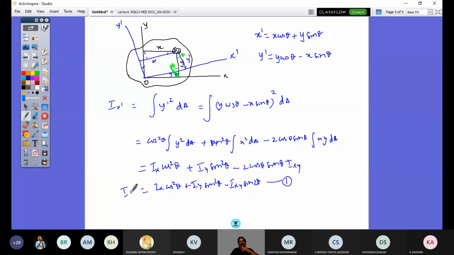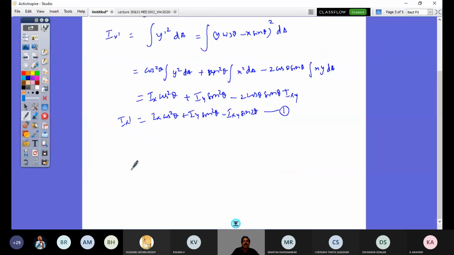Similarly, I can now get what is my Iy dash. You can parallelly work out along with me and verify that what I'm doing is correct. Iy dash is integral x dash square dA. So what is x dash? It is x cos theta plus y sin theta, into dA.